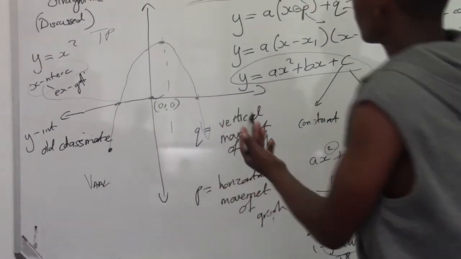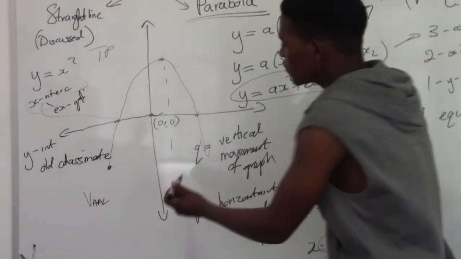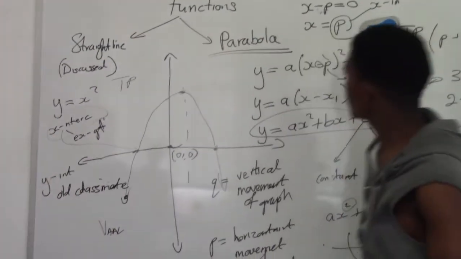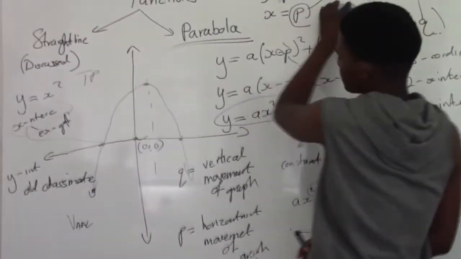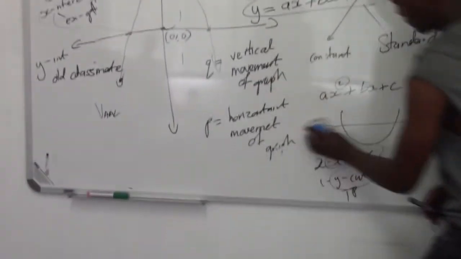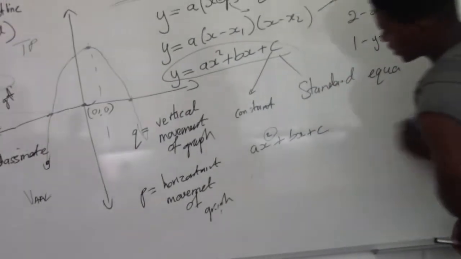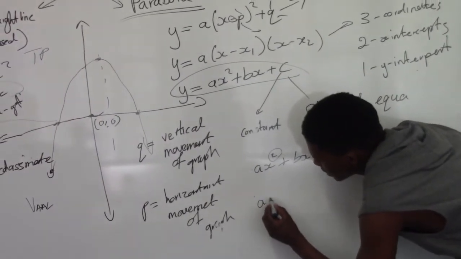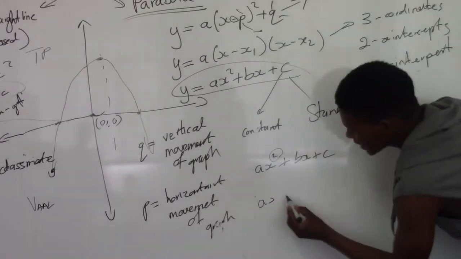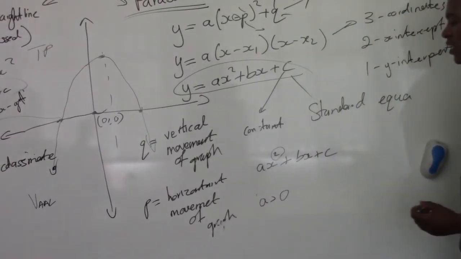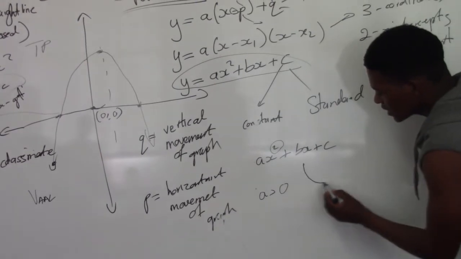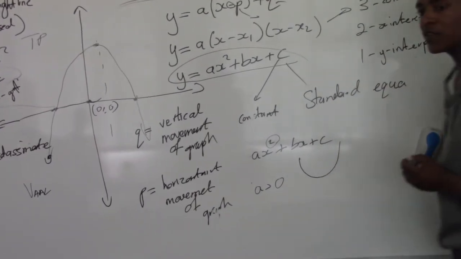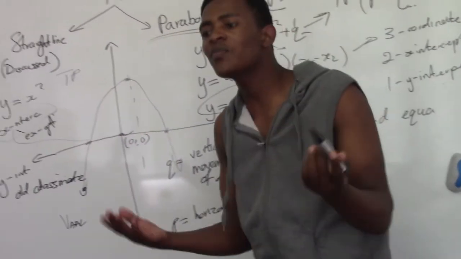So, another thing, I want to discuss the shape of your graph, which is your a. Your a. So now, if your a is greater than zero, then that means you are having a smiley face. Because you are happy.